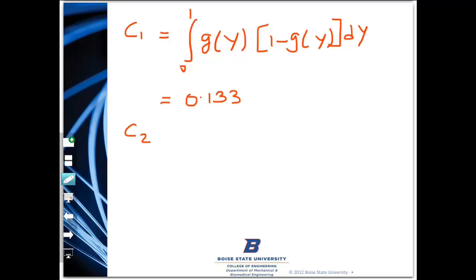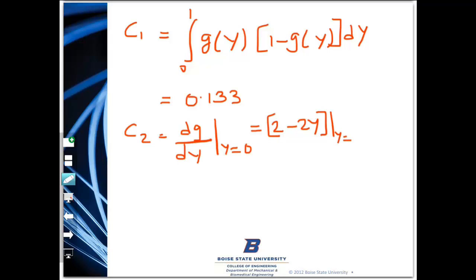Similarly, C2 is defined as dg/dy at y equals 0. This is pretty straightforward. Do the differentiation for g and substitute y equals 0. You'll determine C2 as 2. Okay, so we know that C1 is 0.133 and C2 equals 2.